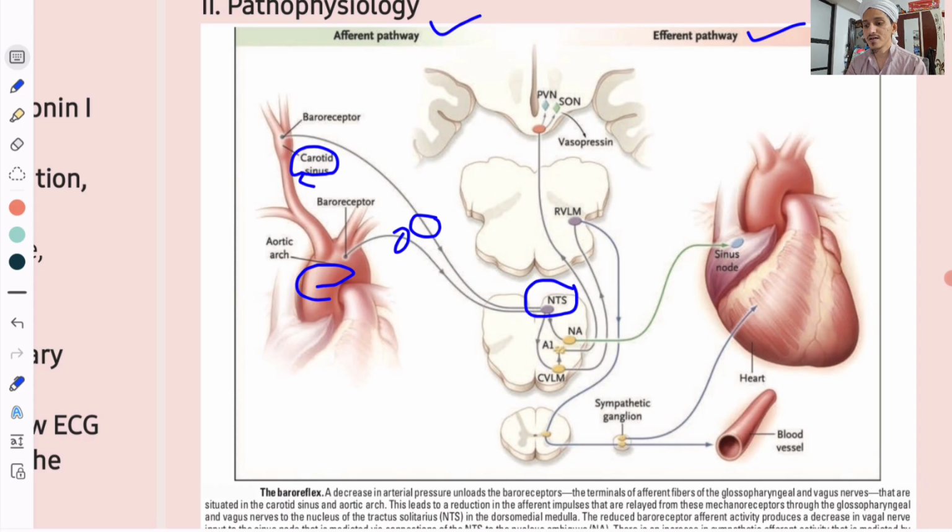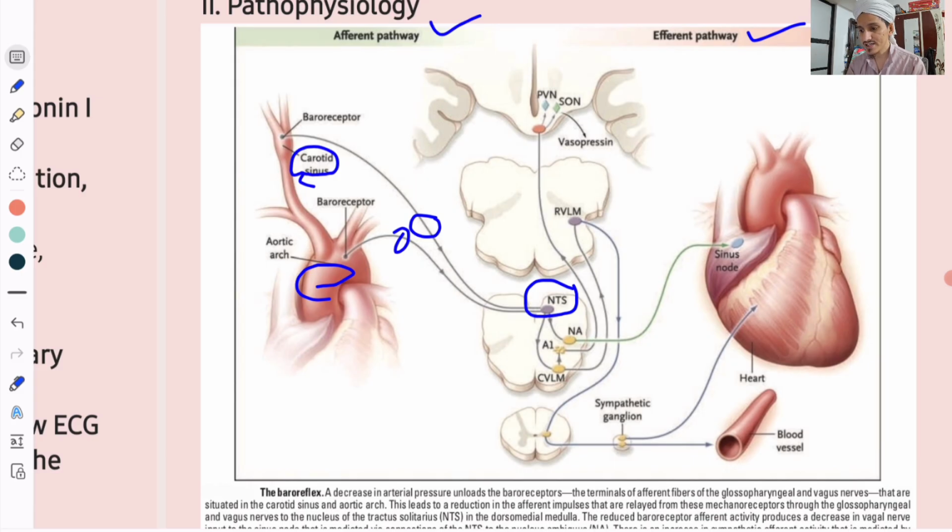So there is continuous sensing of the BP, and accordingly there is adjustment of the heart rate and tone of the vascular muscles. So when a patient gets up from the supine to standing position, he will not faint or feel pre-syncope, because that fall in BP will immediately decrease the impulses going to the nucleus of tractus solitarius.